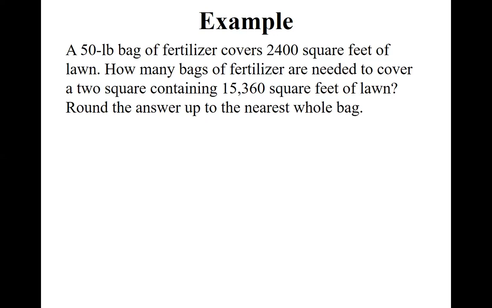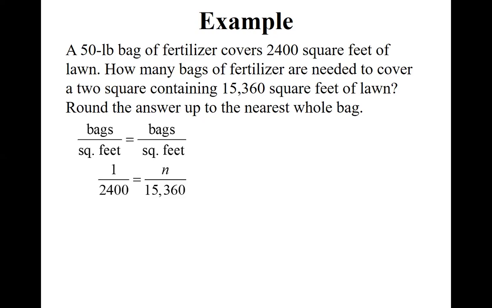So we can set up a proportion, bags per square foot, as the form of each side of the proportion. The first sentence tells us that one bag, be careful not to say 50 bags, one bag covers 2,400 square feet.